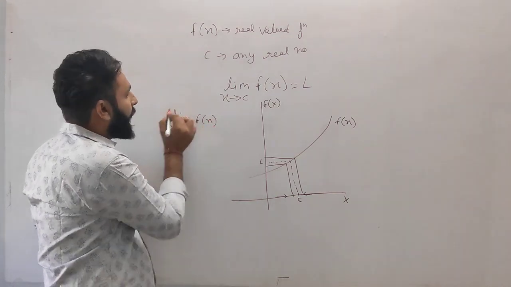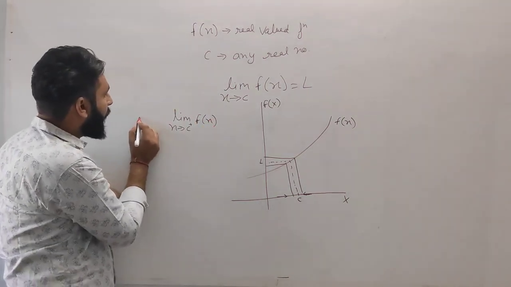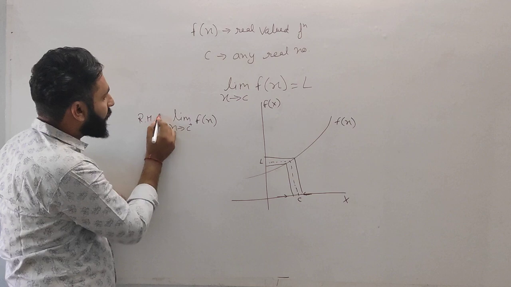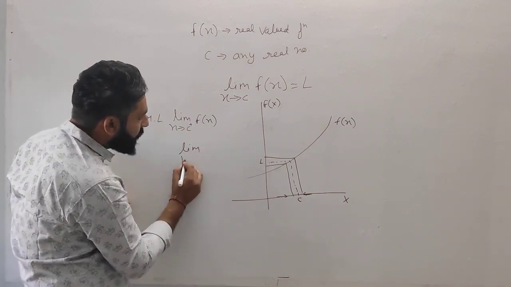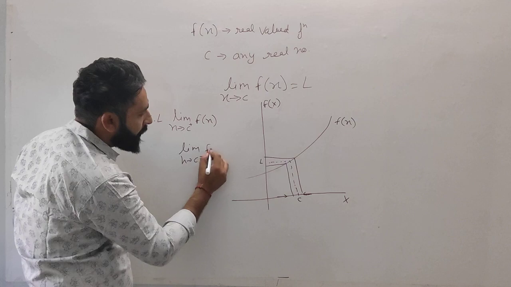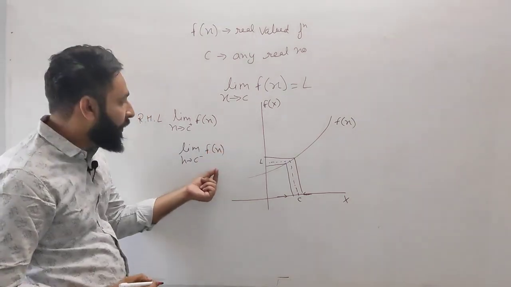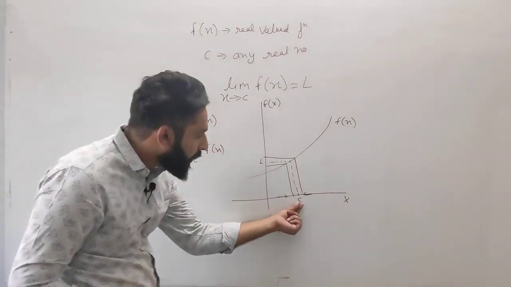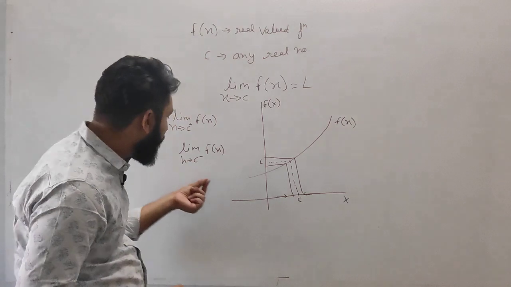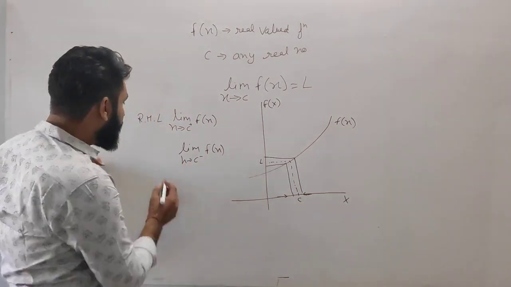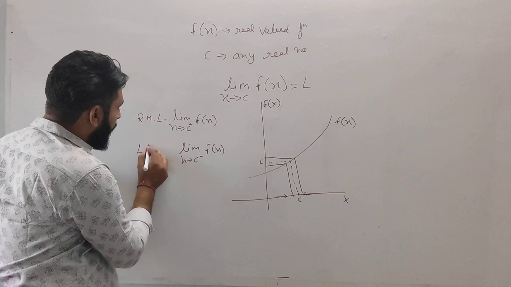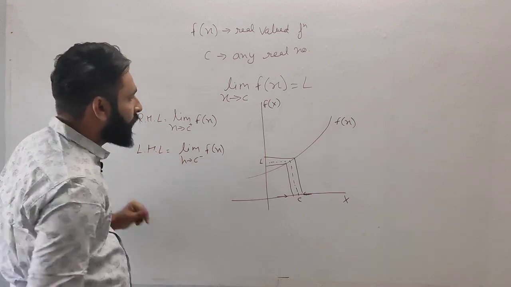It is called the right hand limit. When we approach C from the left side, then we say limit x tends to C minus f of x. This is called the left hand limit.